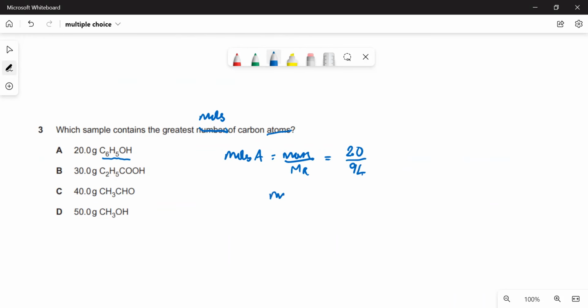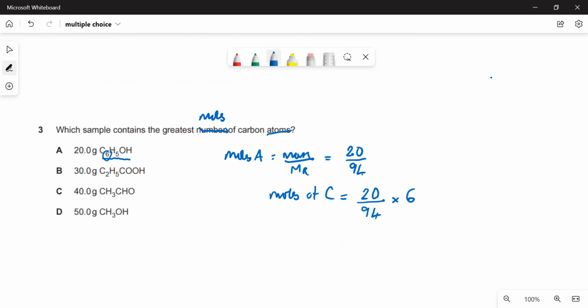So how many moles of carbon atoms have we got? Well, it's the number of moles of the compound, which is 20 over 94, multiplied by the number of carbons in the molecule, which is 6. Okay, so we've got to do that for each of them.